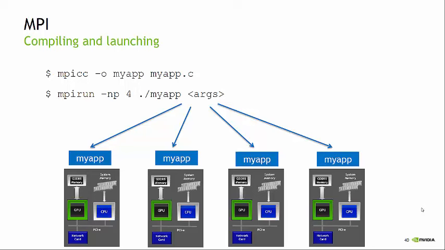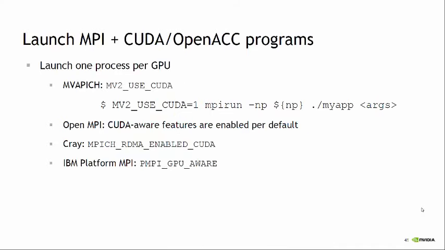Similar to nvprof, you just put mpirun in front. That spawns four versions of your application, each running on a separate system, a separate node in this case. Typically, you want to launch one MPI process per GPU. There are advanced techniques involving launching multiple processes per GPU, but typically you want to launch one per GPU.